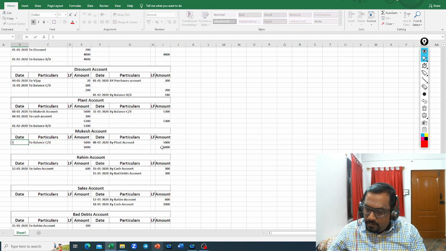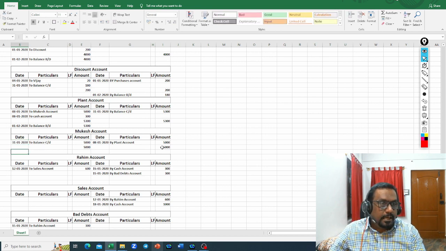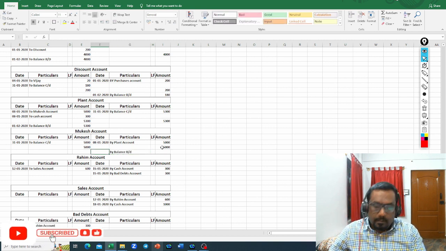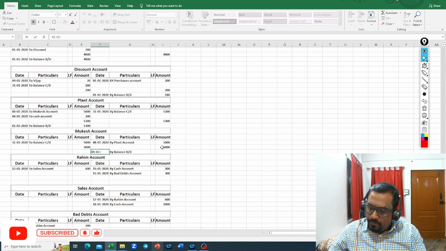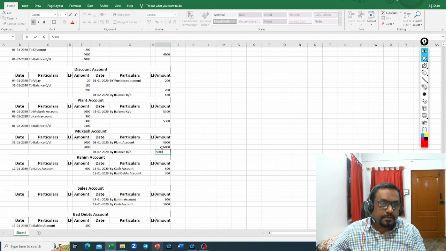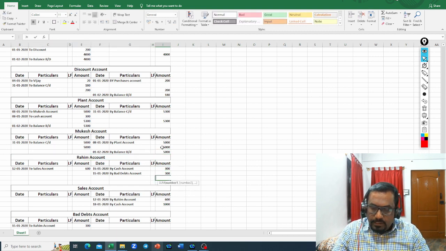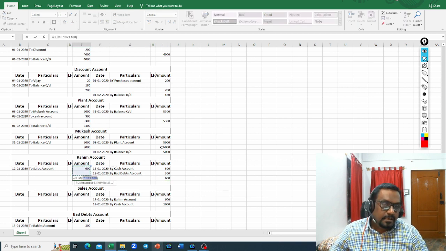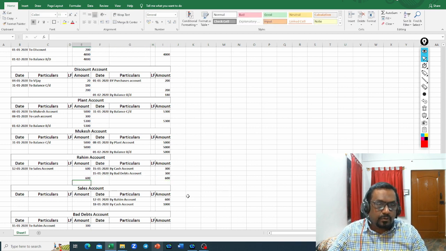This is on 31st January 2020 and bring in as by balance brought down on 1st February 2020. This should be the same 5,000. Clear? Then Rahim account. Rahim account, let us total this, 600, debit side and credit side amounts are the same. No need to do any balancing here in this account.